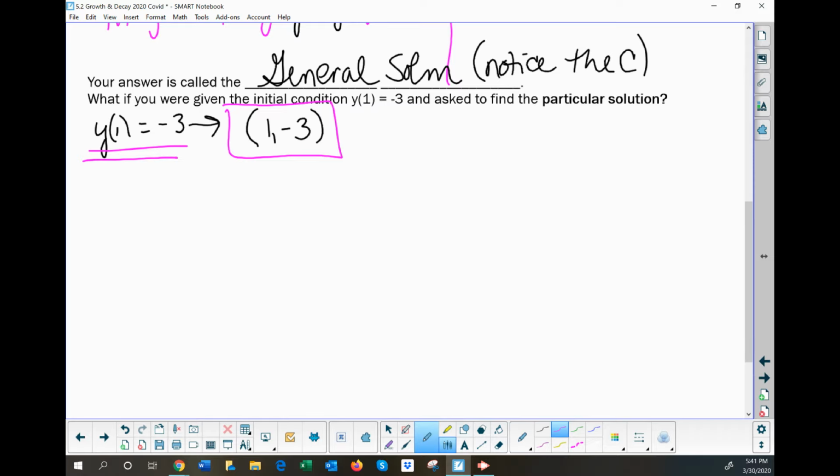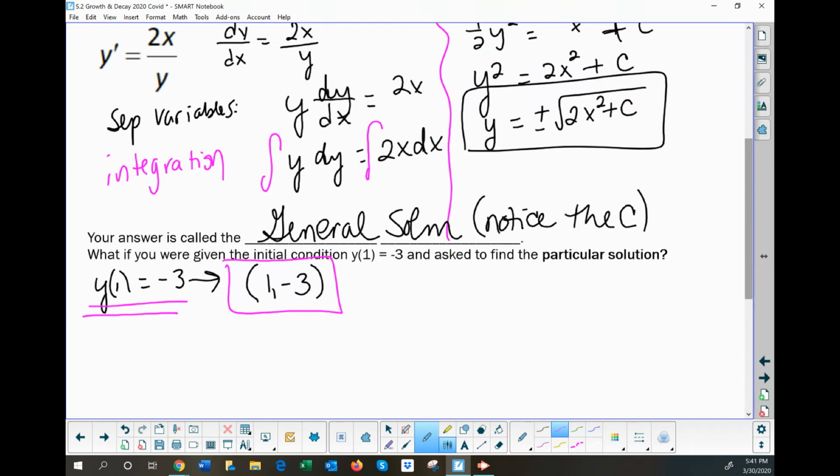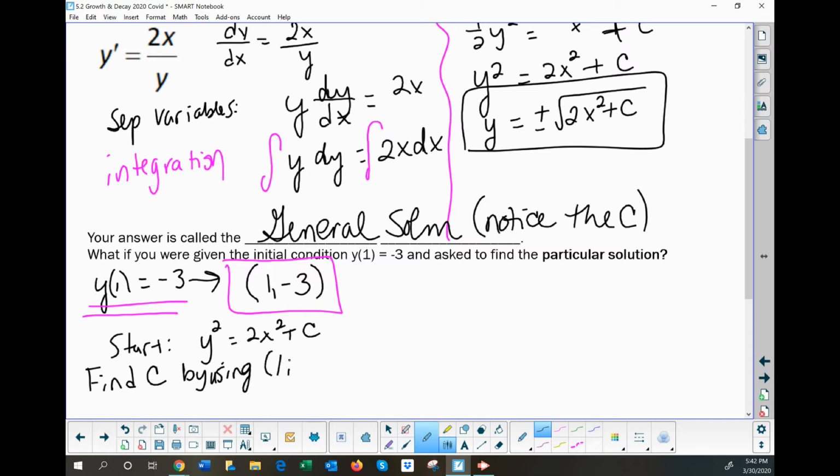So I'm going to step back one step where I had that y squared. And I'm going to start off with that y squared equals 2x squared plus c. The next step I want to do is find c by using that location 1, -3. It's like a slope field.